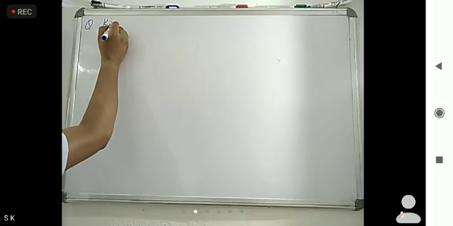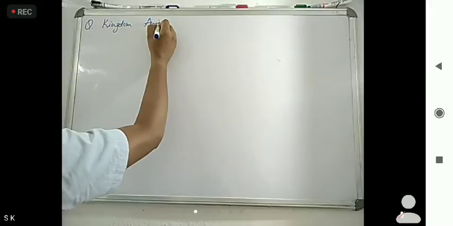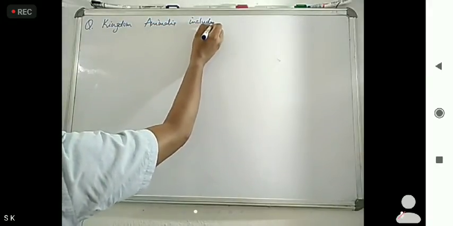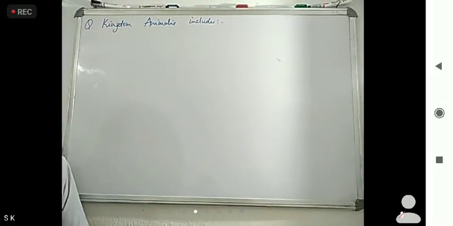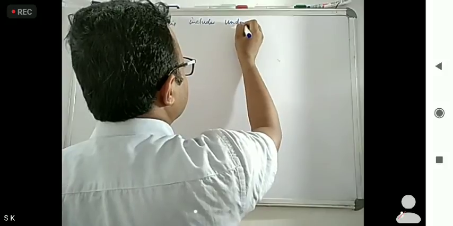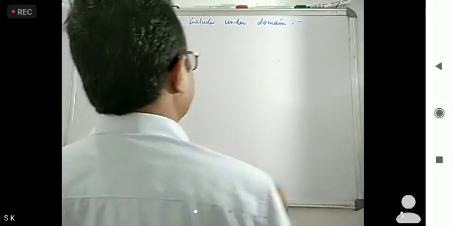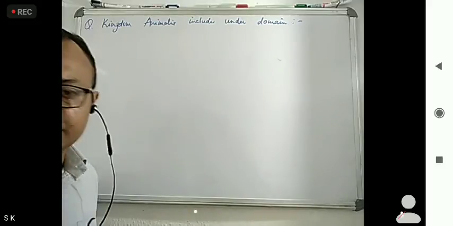Next question is, kingdom Animalia includes under domain. Three domain system we have seen. What are the domains there?